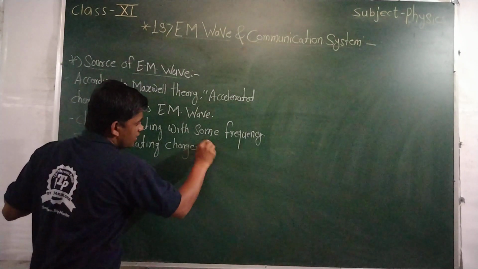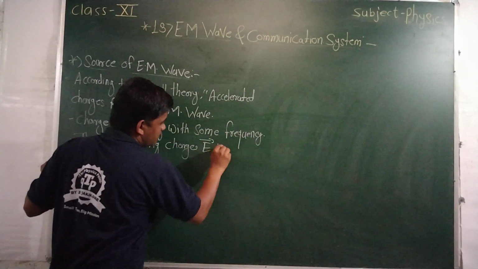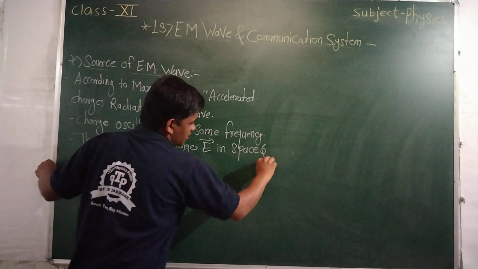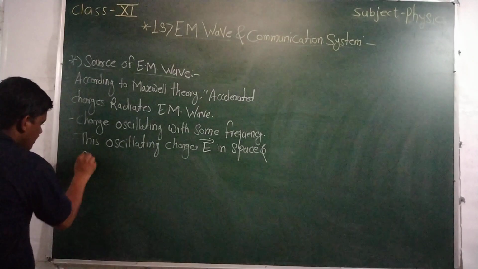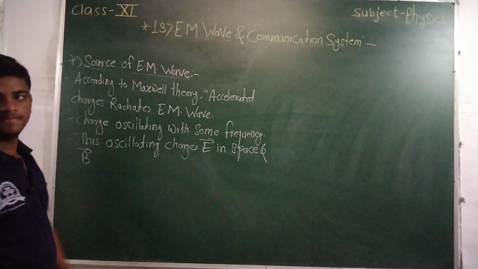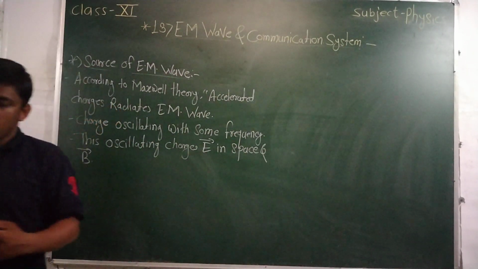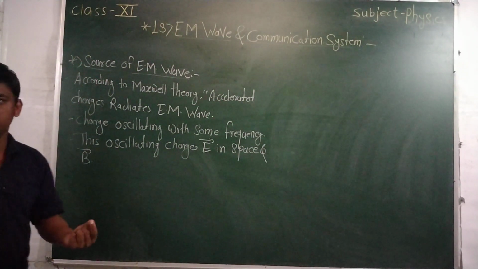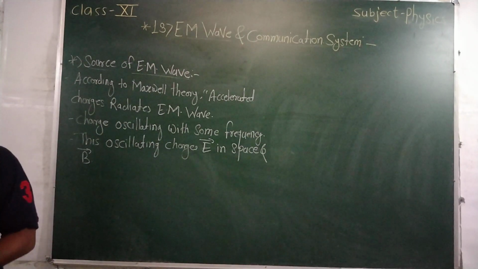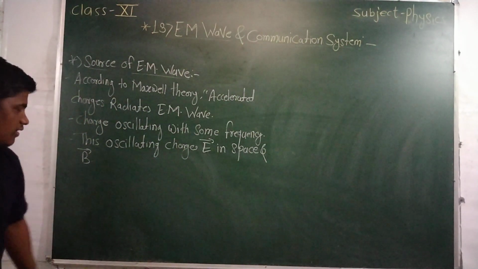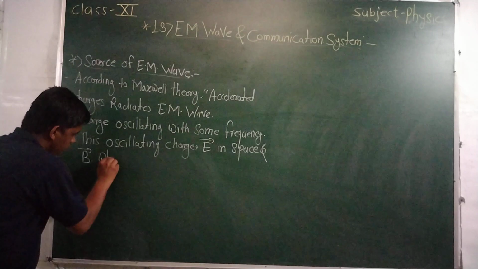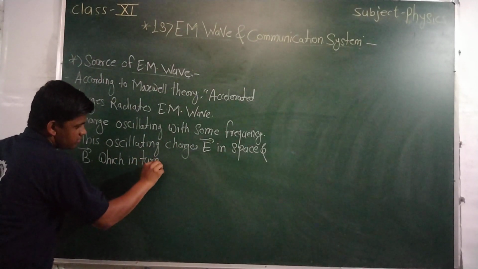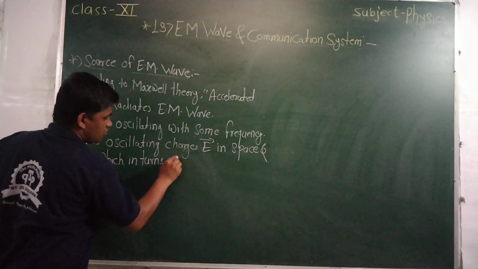Electric field, that is E bar, in space, and magnetic field, that is B bar. The oscillating magnetic field in turn is a source of oscillating electric field.